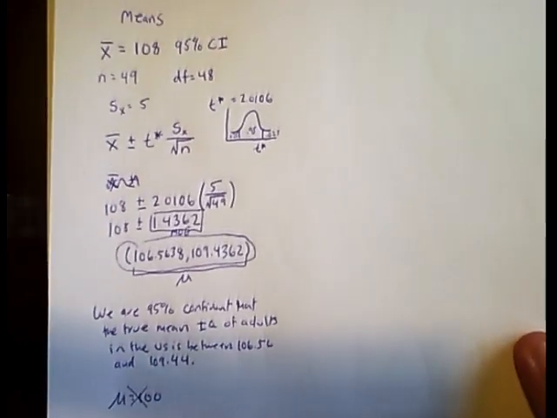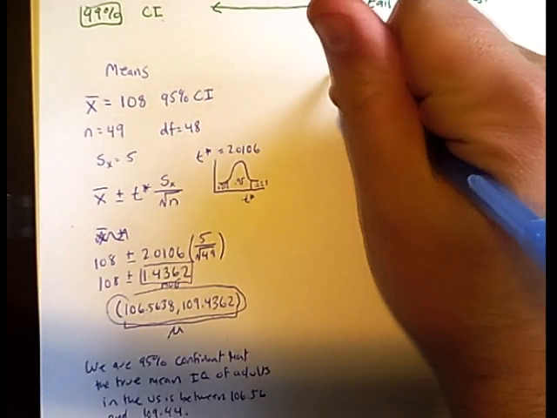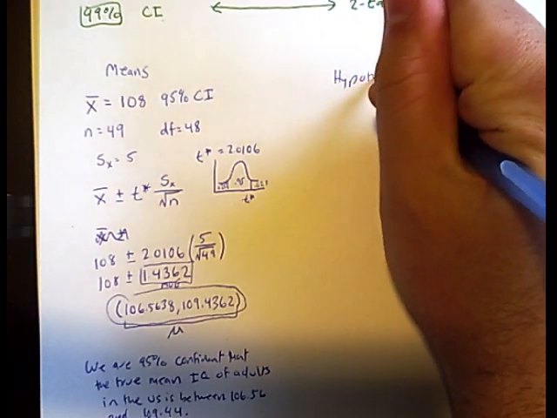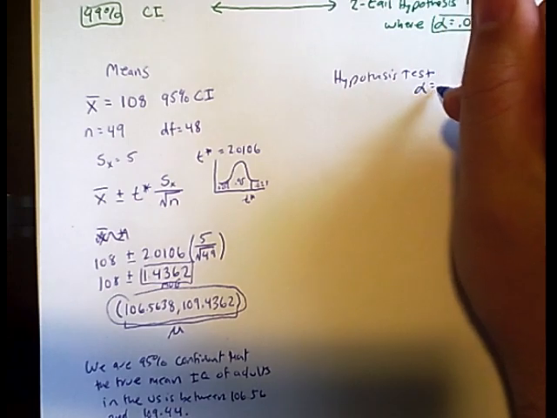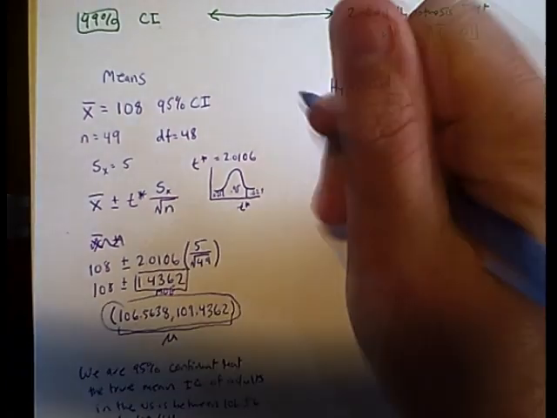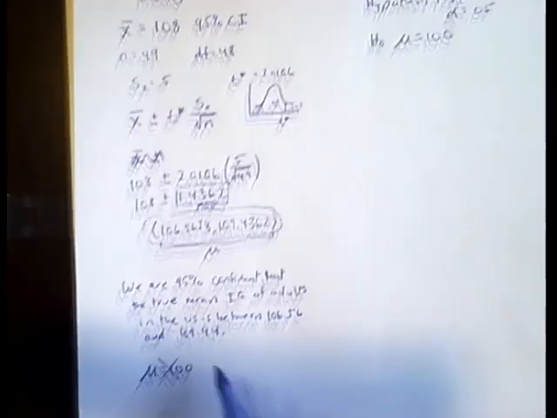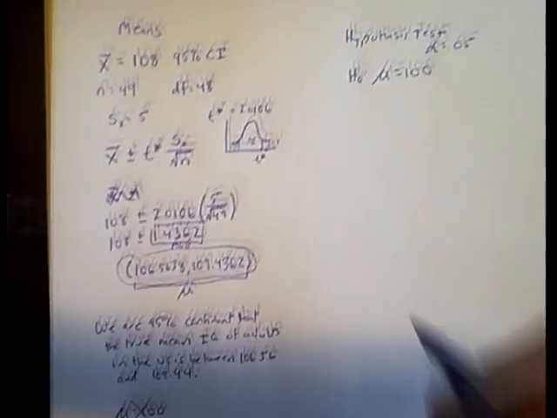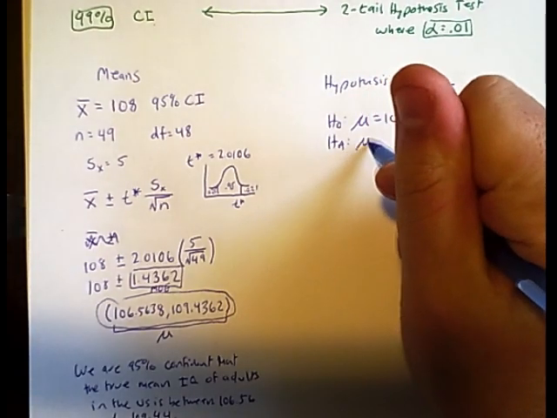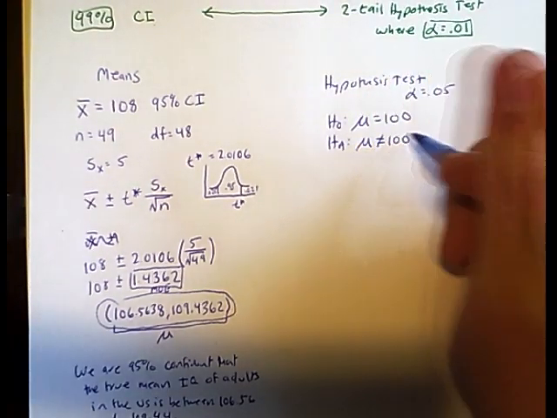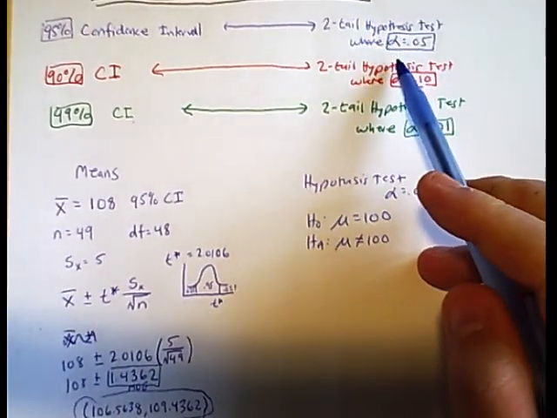Okay. So let's compare that same type of problem to a hypothesis test, where the alpha equals 0.05. So the first assertion is that the mean equals 100, basically the same thing that the person claimed down here. And the alternative would be that it's different. Okay? Because when you compare confidence intervals and hypothesis tests, you have to have a two-tailed hypothesis test.